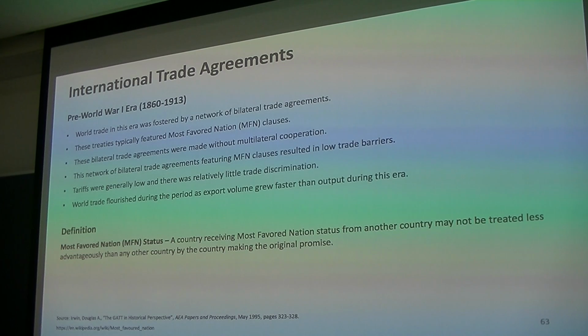That means trade between two countries, some country A and some country B. One of the interesting things we'll see is that the world has gone back to bilateral trade agreements, which are now more dominating. We'll get to that a little later in the lecture today.